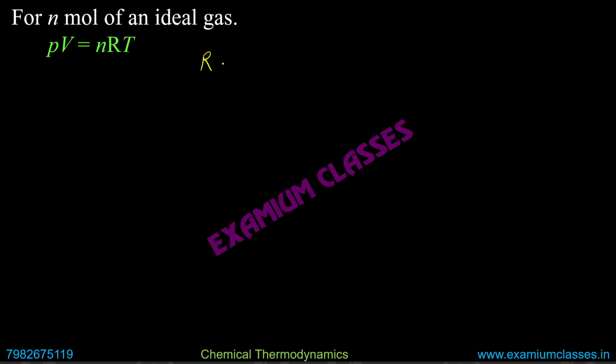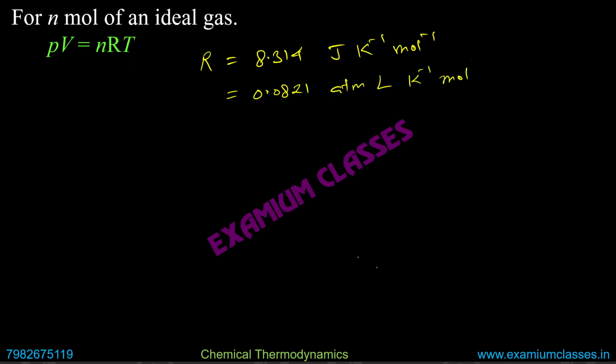Gas constant R is 8.314 joule per Kelvin per mole, or in atm liter, it will be 0.0821 atm liter per Kelvin per mole. In bar liter, it will be 0.0831 bar liter per Kelvin per mole.